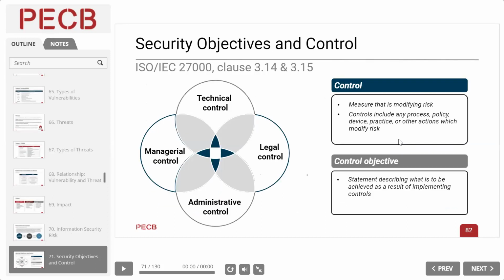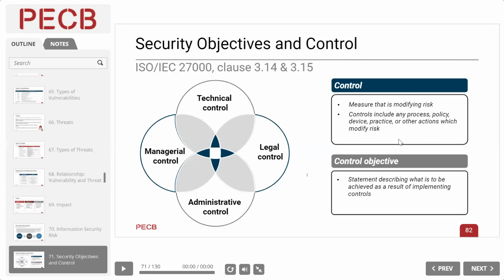Okay. Now, once the risks have been determined, we need to put controls in place. So there are types of controls: technical controls, legal controls, administrative controls, and managerial controls. Now, a lot of literature that you read would combine managerial and administrative as administrative controls.